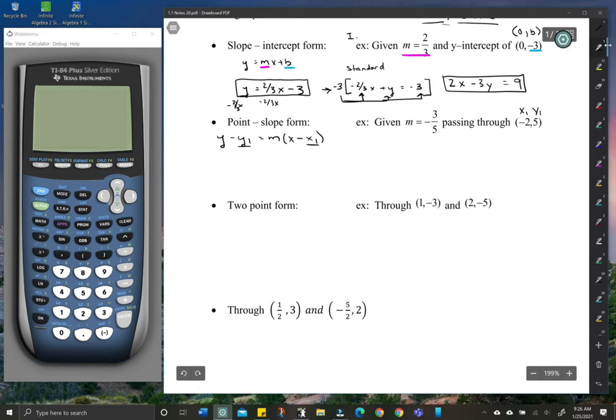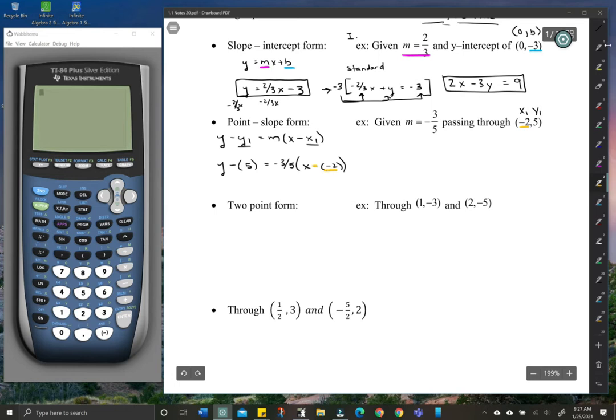Basically you're just substituting things in again. So y minus y1, which is 5, equals m, which is negative 3/5, times (x minus x1), and parentheses there. Now be careful, this is a negative 2, so it's minus a negative 2. That's why I put the double parentheses.